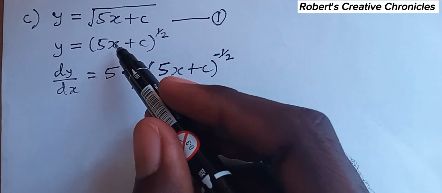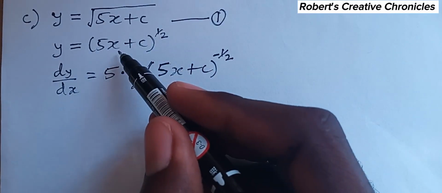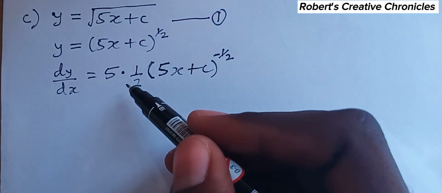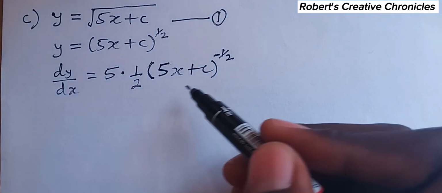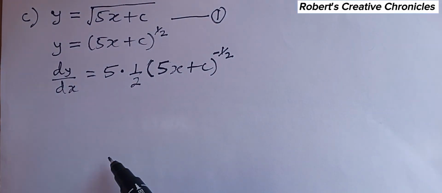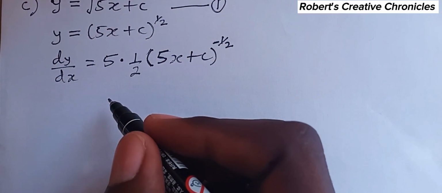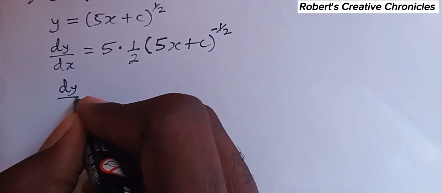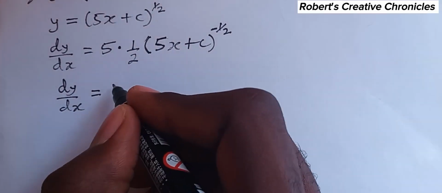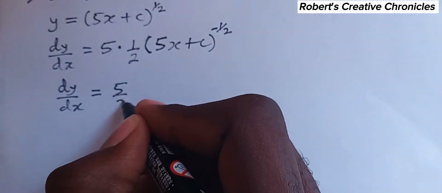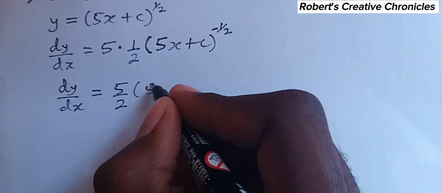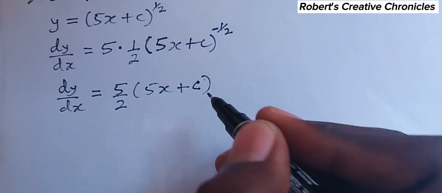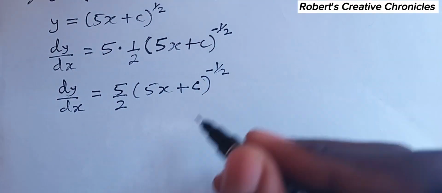So we did the derivative of the internal function multiplied by the derivative of the outside function. So here it is: dy over dx equals 5 over 2 times (5x plus c) to the negative half.